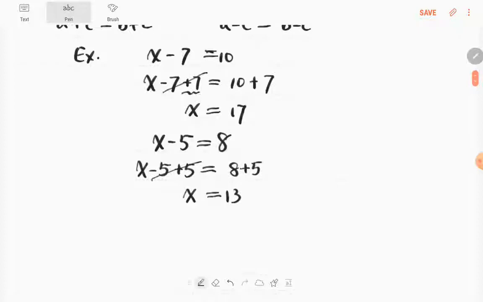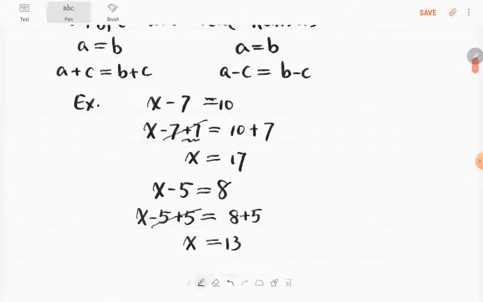Of course, we can also check our answer. For the first equation, we can check if x is equal to 17 is our solution. How can we check if this one is our solution? Remember, we just use 17 to replace x for the first equation.